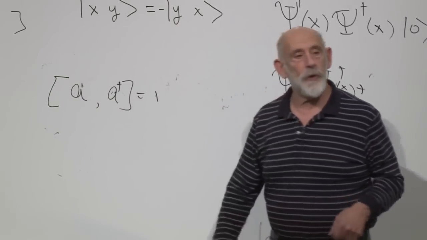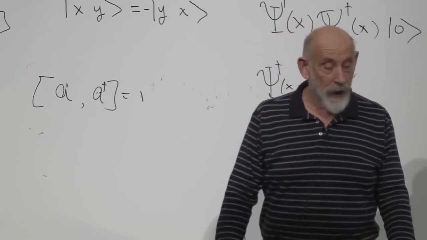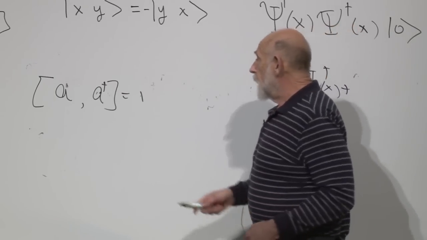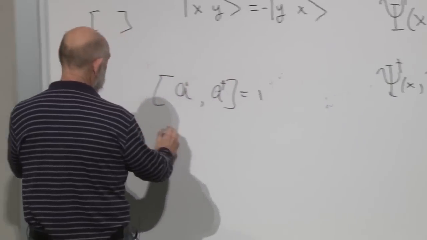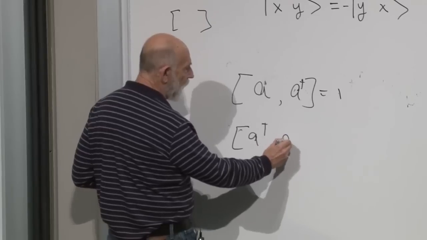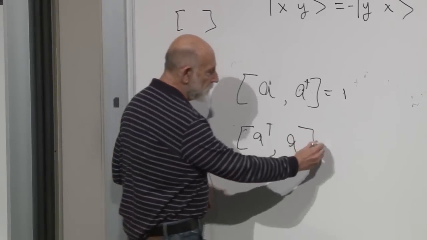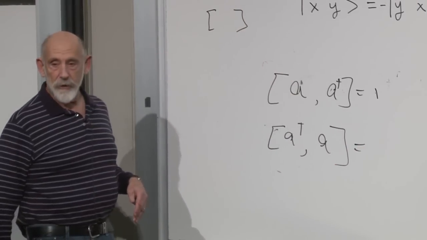Could you mistake which one is the creation operator and which one is the annihilation operator? Well, if you try to switch them, if you try to replace A by A dagger, and A dagger by A, this is very definitely not equal to 1. In fact, what is it equal to? -1, right?